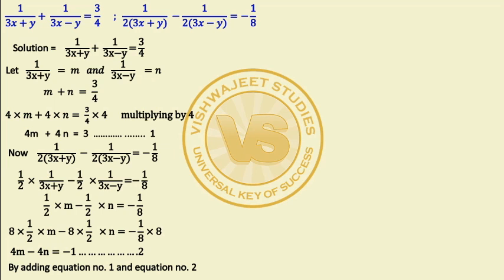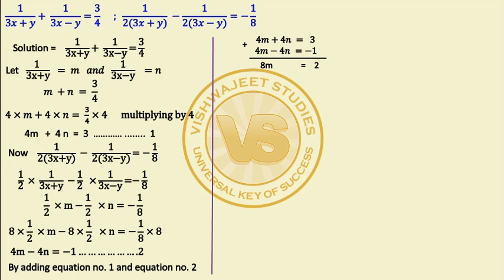So by adding equation number 1 and equation number 2, write equation number 1 as 4m plus 4n is equal to 3, plus 4m minus 4n is equal to minus 1. Plus 4n and minus 4n will cancel each other. So after addition we get the answer 8m is equal to 2.